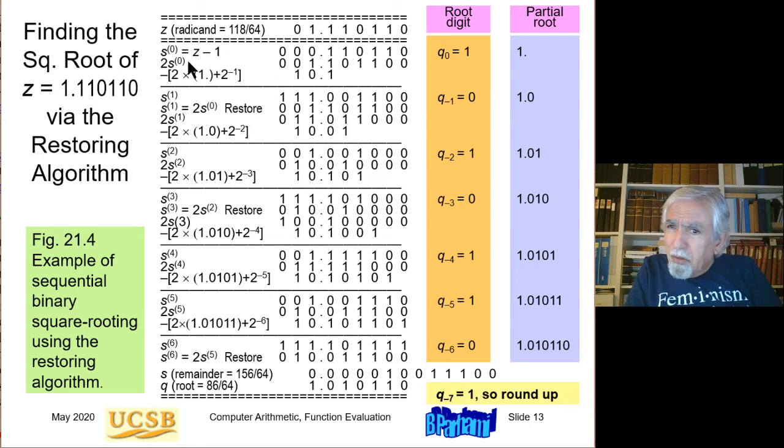And then the algorithm says left shift. So the zeroth partial remainder is z minus 1. Z minus 1 basically removes this one. So it's the same as z with this 1 removed. And then 2s0, shift left, and subtract from it 2 times the partial root at this point, which is 1.0 because that digit 1 is already predetermined.